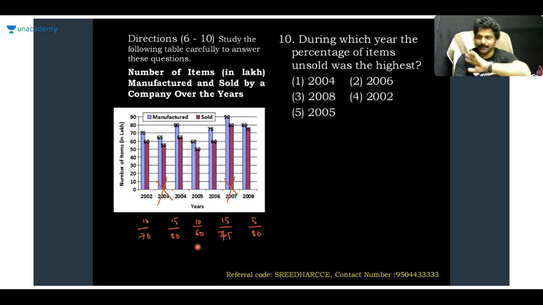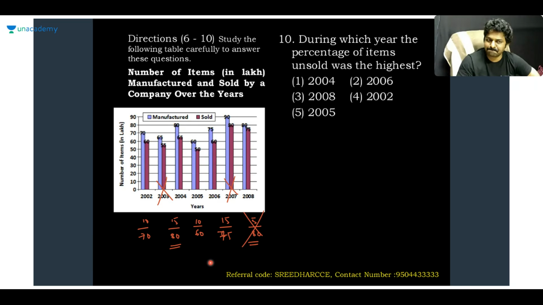Now, it is purely elimination I am going for. This value and this value, denominators are same. If numerator is more, value will be more. This cannot be your answer. I am taking first one and third one. Numerators are same. If denominator is less, value will be more. Hence, this cannot be your answer. 15 by 80 and 15 by 75.